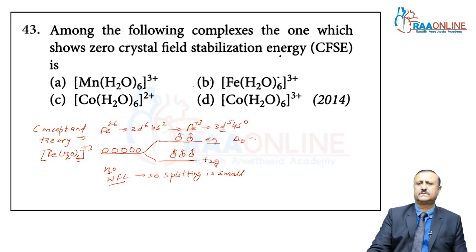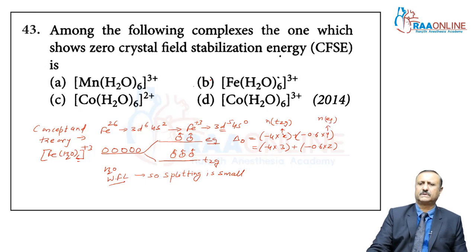Now, my dear students, calculate the CFSE for octahedral: -0.4 into x plus 0.6 into y. Here x is the number of electrons in t2g and y is the number of electrons in eg.